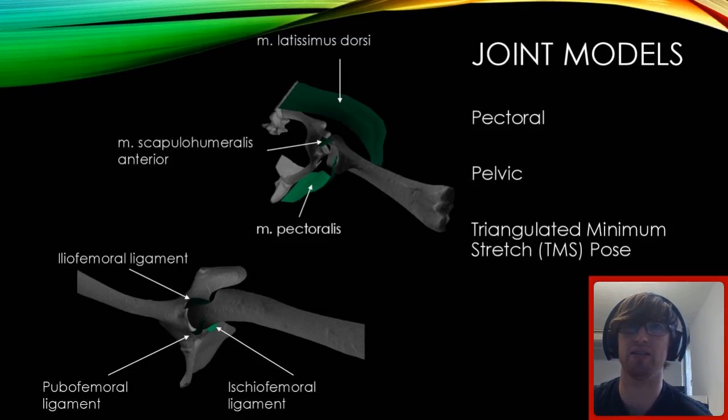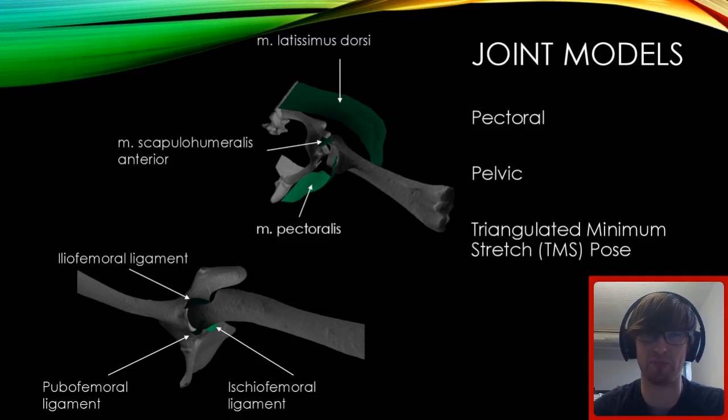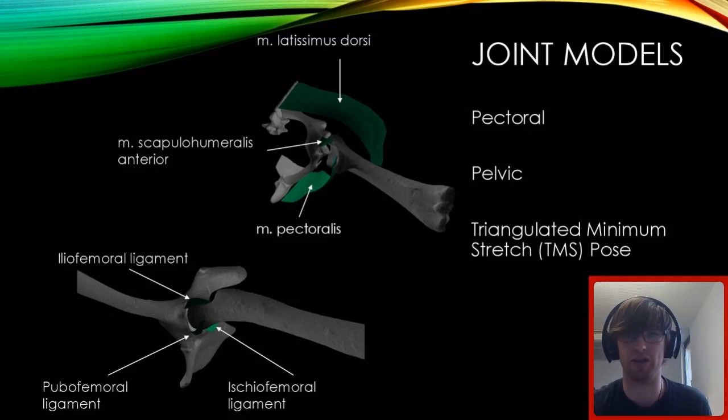What this means is we need a point to center on to increase into the range of motion, which is commonly referred to as the rest pose in literature on actual living animals. However, this is not a living animal, and so we can't find a rest pose. To get around this, we have utilized the triangulated minimum stretch pose. So this is the pose which has the lowest simultaneous stretch across each connective tissue that we had simulated.